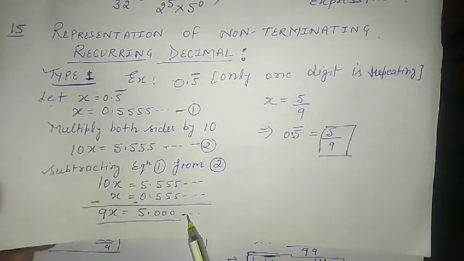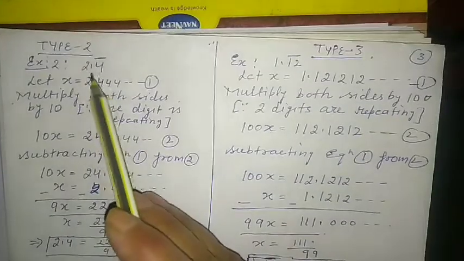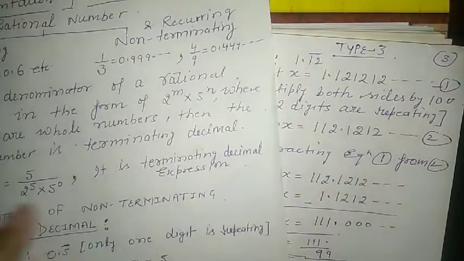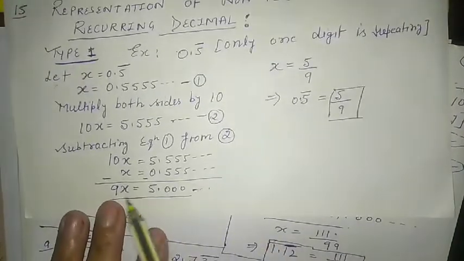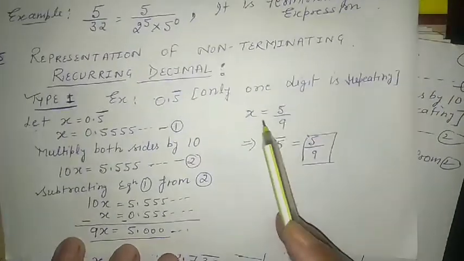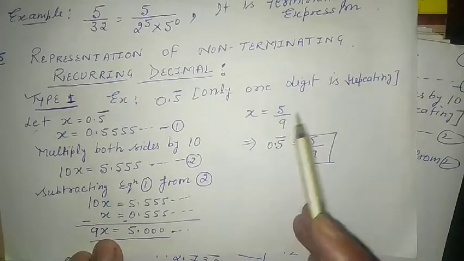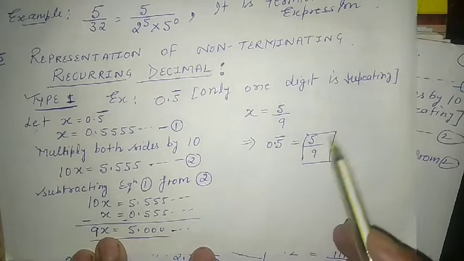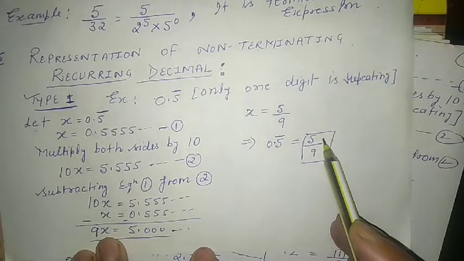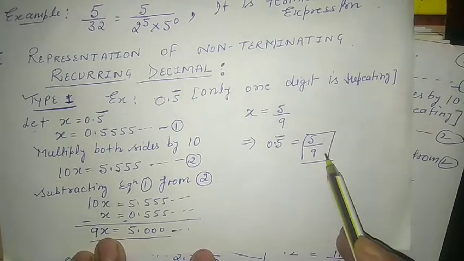Now 9x is equal to 5, so x is equal to 5 upon 9. So 0.5 bar we can convert in the form of p upon q, that is 5 upon 9.